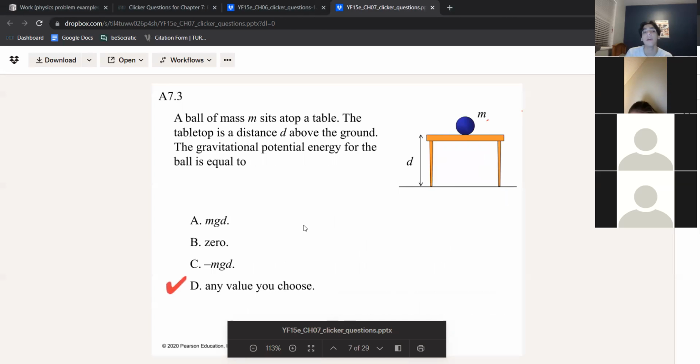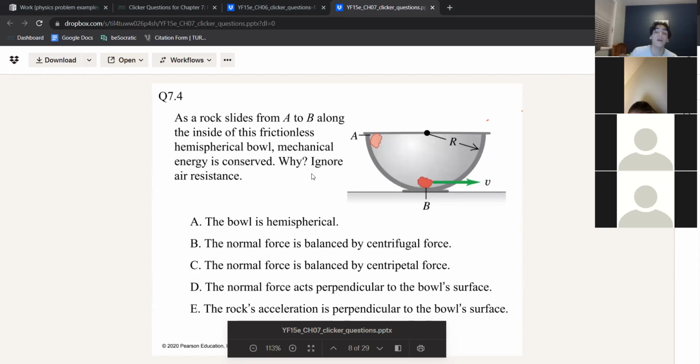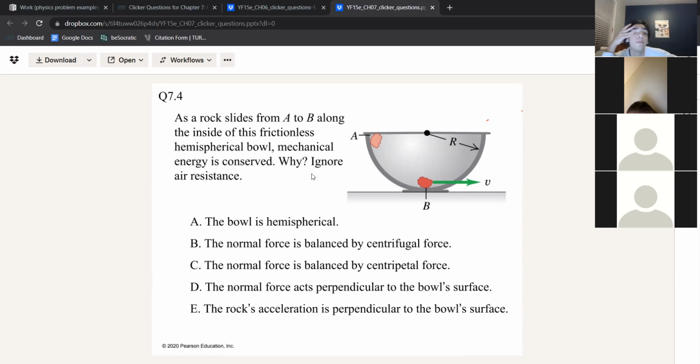Okay, 7.4. As a rock slides from point A to point B along the inside of a frictionless bowl, where mechanical energy is conserved... wait, I'm sorry, did I read this wrong? As a rock slides from A to B along the inside of a frictionless bowl, mechanical energy is conserved.